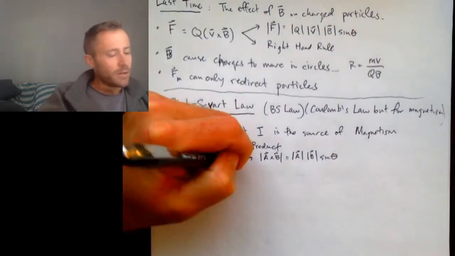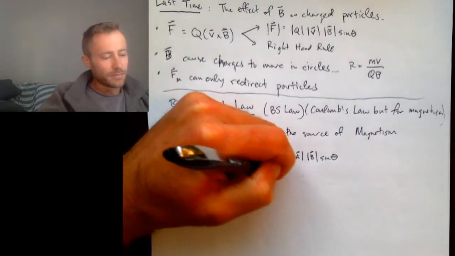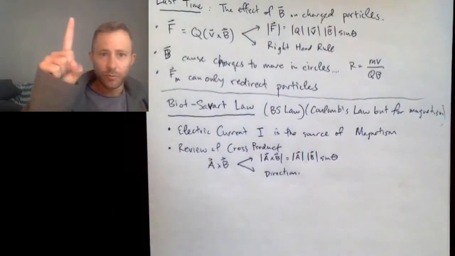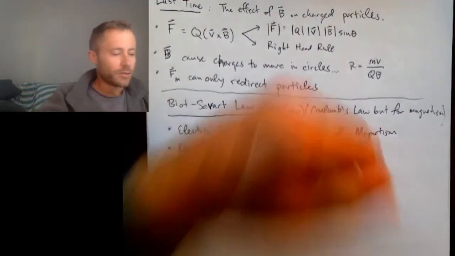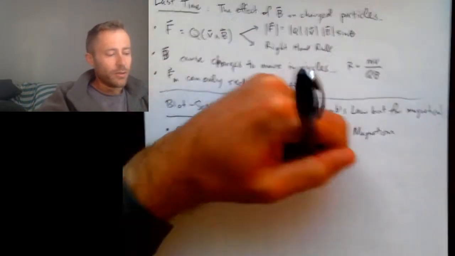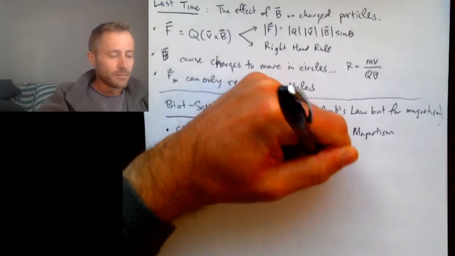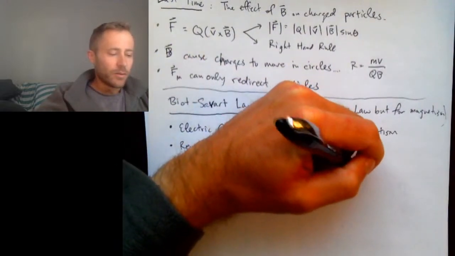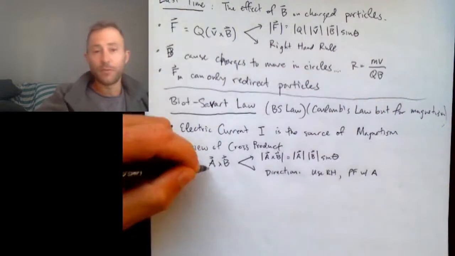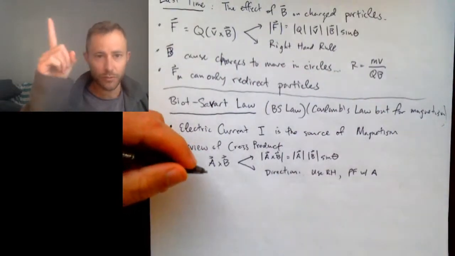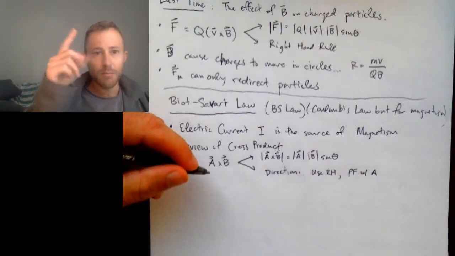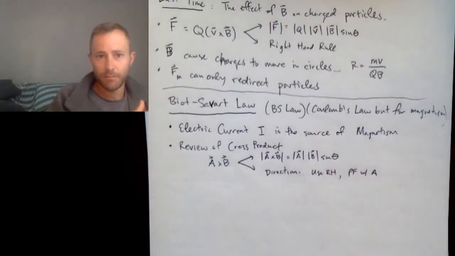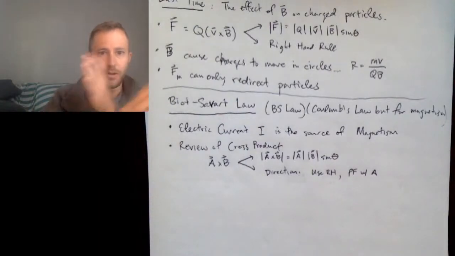To get the direction, you use the right-hand rule, which is where you use your right hand. You put your pointer finger with the vector A, so the first vector. It matters which order. A cross B is not equal to B cross A with cross products. It's not commutative.